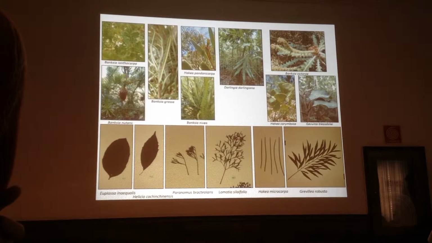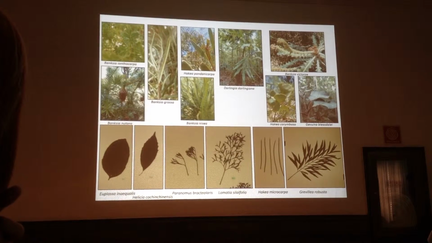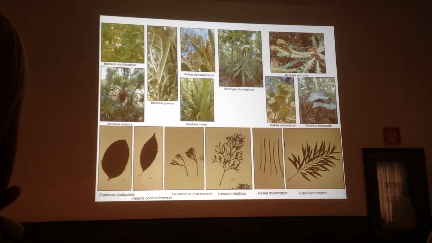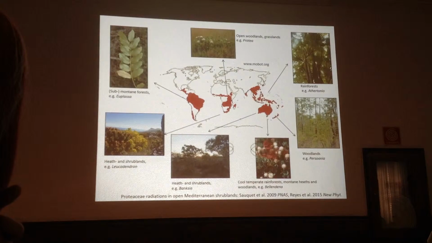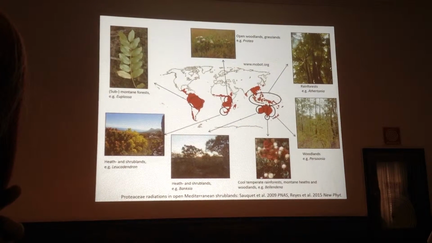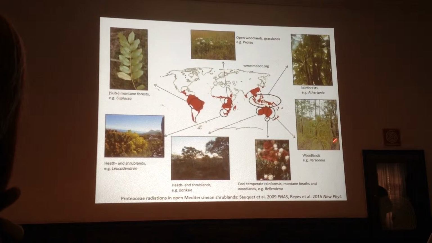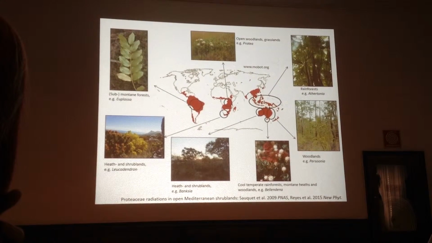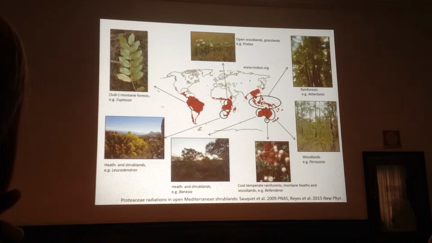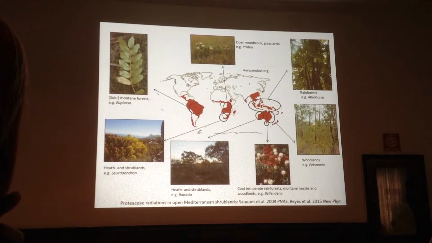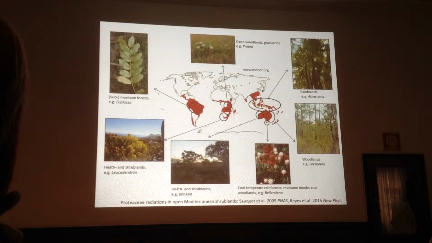And as leaves may be the main units of plants communicating with the abiotic environment, we can expect Proteaceae to occur in many different climate zones and habitats. And indeed, they go from montane forests to grasslands, rainforests, woodlands, montane heaths. But the main diversity of the 1,700 species, at least 1,000 species, occurs in the Mediterranean shrublands of the Cape and Australia.